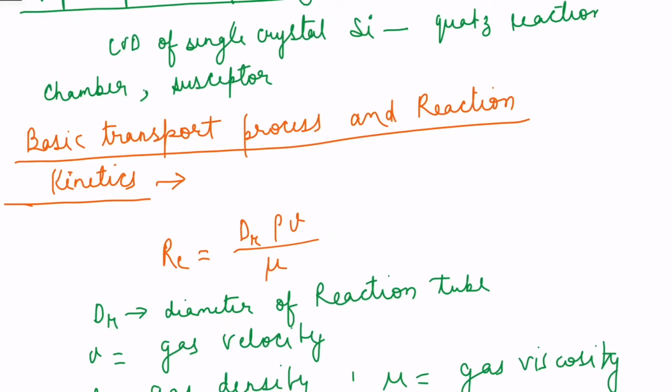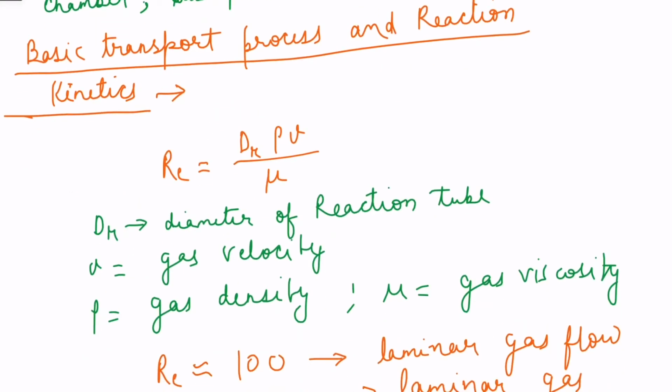So first we will talk about a number defined as the Reynolds number, which indicates the type of gas flow in the reaction tube. The Reynolds number Re is given by Re equal to dr rho v upon mu, where dr is the diameter of the reaction tube, v is the gas velocity, rho is the gas density, and mu is the gas viscosity.